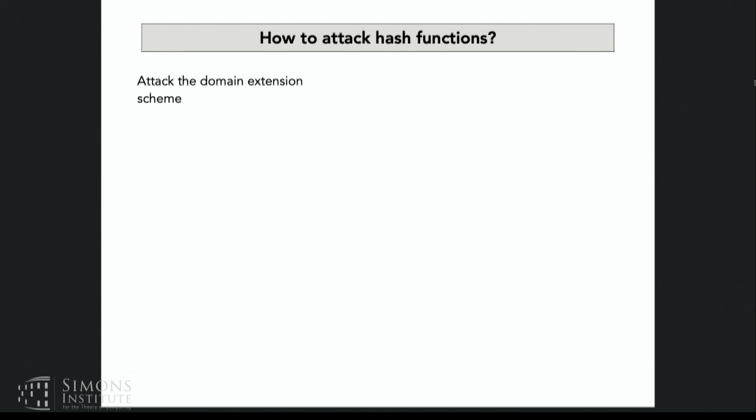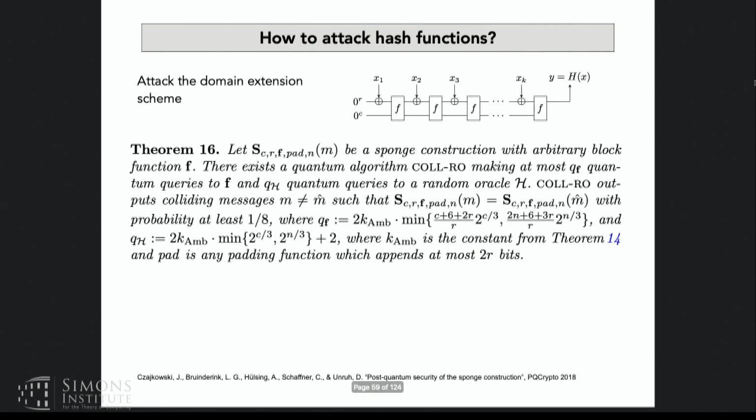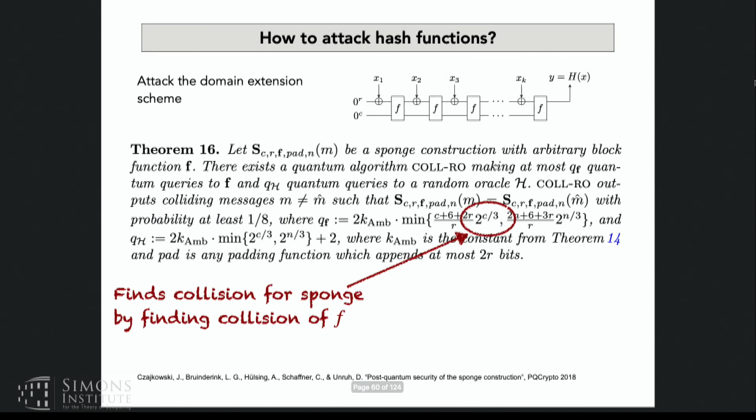Basically, on the second level, where we try to attack the domain extension scheme, for example, in a paper by Chris and Andy and some others, which is about provable security of the sponge construction, there's also an attack presented on the sponge construction. It doesn't use anything about the structure of the fixed-length function f, but it finds a collision of the whole hash function h by essentially just finding a collision of this low-level function.